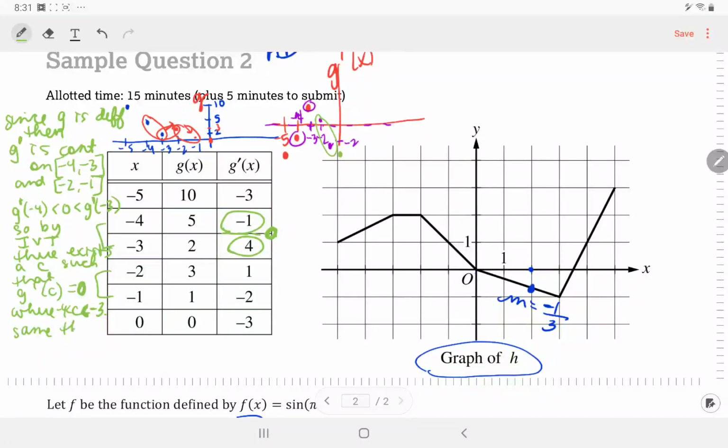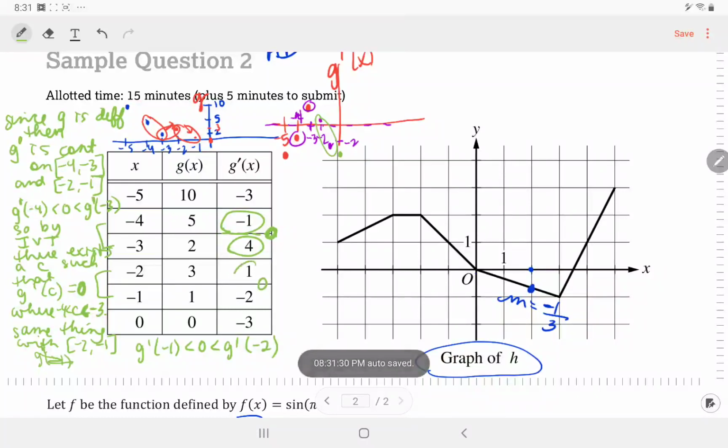Same thing with -2 to -1. Let me write this over here. So G prime of -1 is less than 0, less than G prime of -2. So again, 0 is in between those.